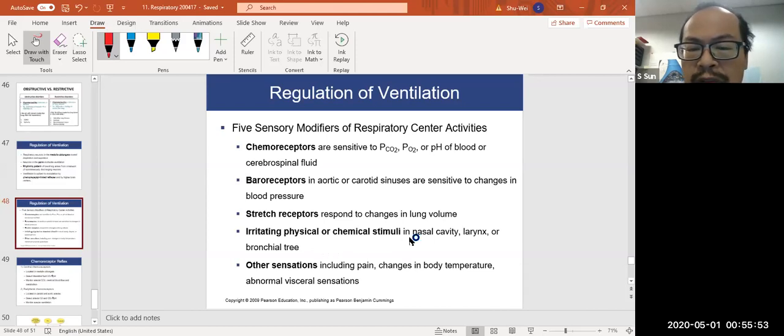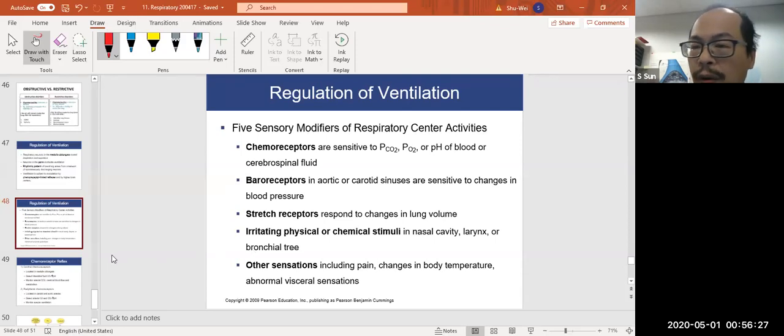Irritation and chemical stimuli affect not just the lung but the respiratory airway, and other sensors like pain, temperature, and abnormal visual sensations can also affect not just the breathing but the airway response.